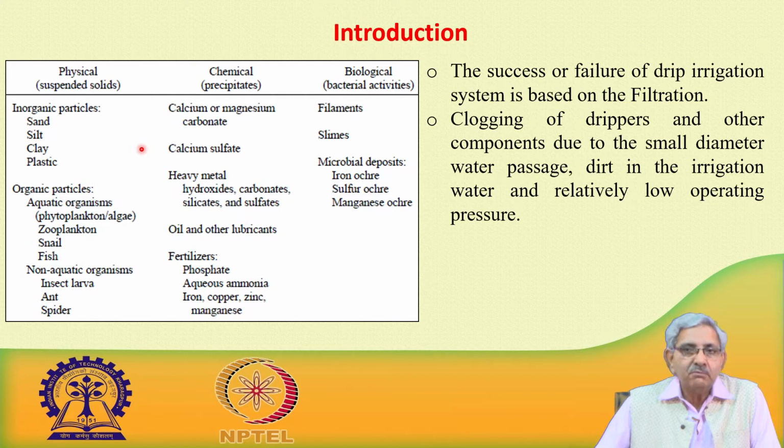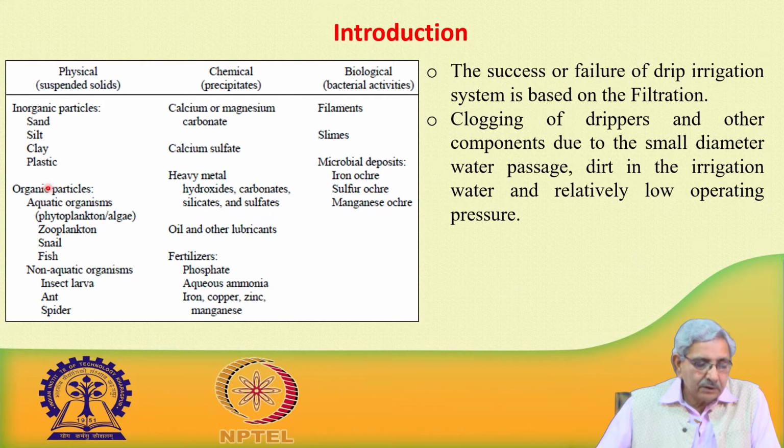when it is coming from the river, or if canal water is used, it is likely that a lot of silt and clay as well as sand is flowing along with water due to very high velocity of flow. There could be several aquatic organisms, such as phytoplankton, algae, snail, fish or zooplankton.